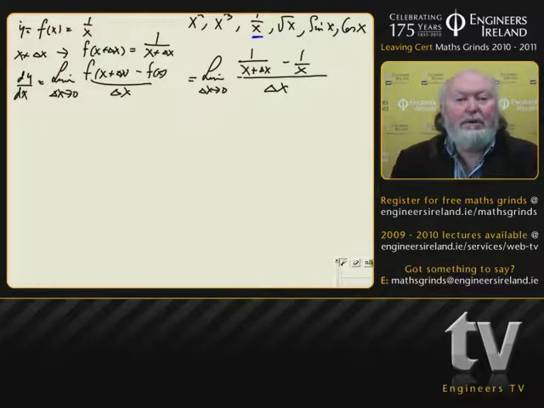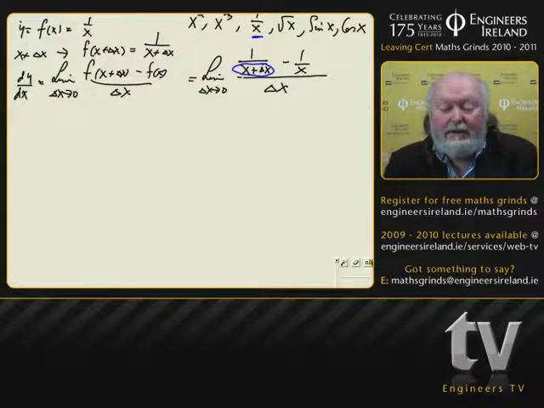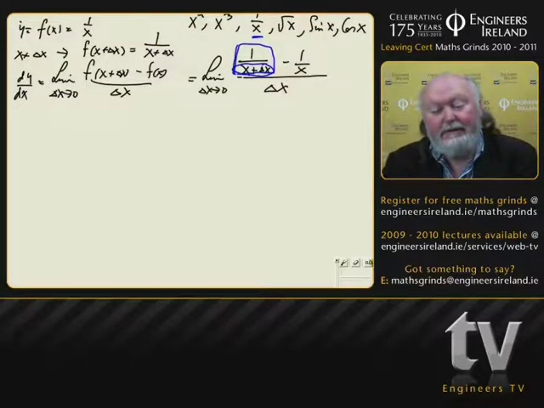Okay, what's the problem? It's not much of a problem in this one, but you will understand it. The x, the delta x here, is trapped along with an x inside an expression. In this case it's 1 over x plus delta x.